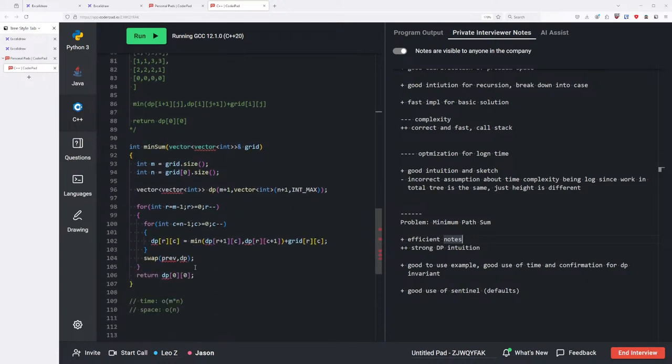What was quite interesting as well, and which I think was fine, was that you used the sentinel row and column, using the max values on the bottom and the right side, just so you don't have to check the edge cases. That's good as well.